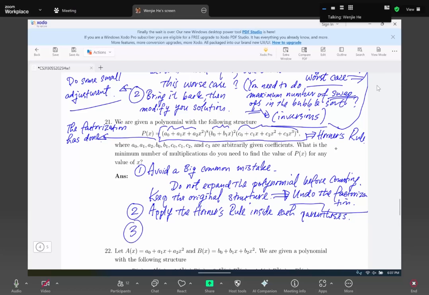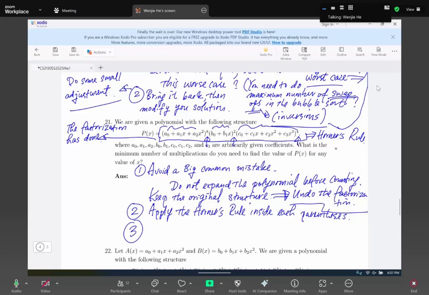After you complete the calculation inside each parenthesis, then you need to do the last round of multiplication. There are many exponent operations, right? Exponential operations you need to do.